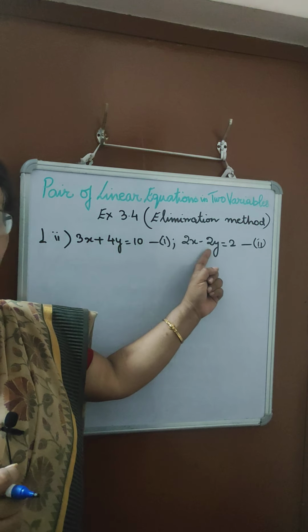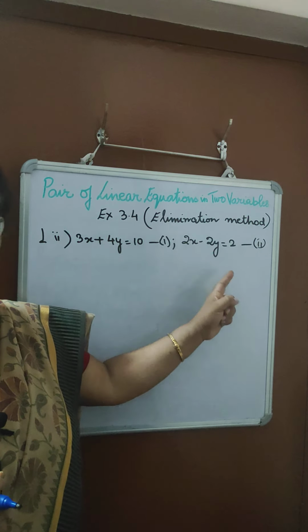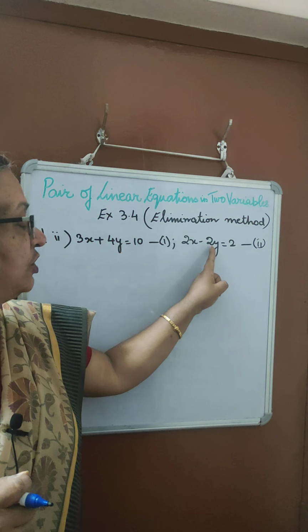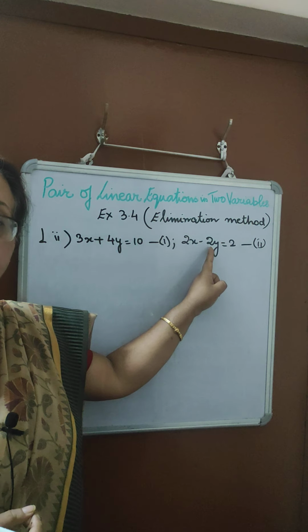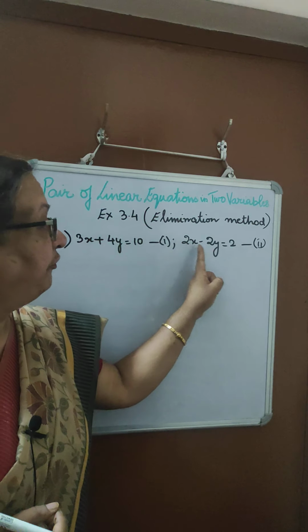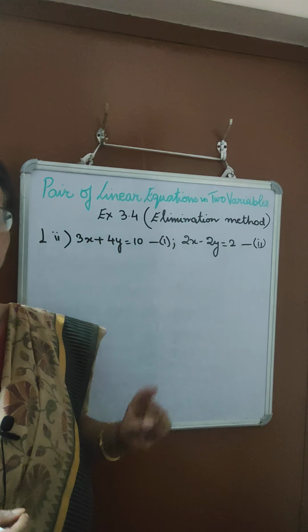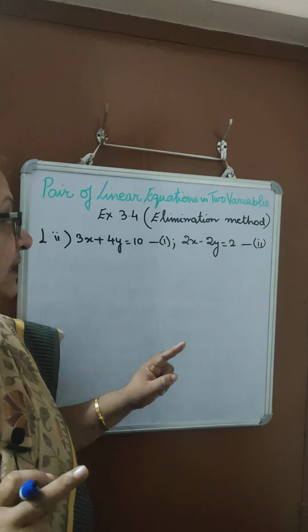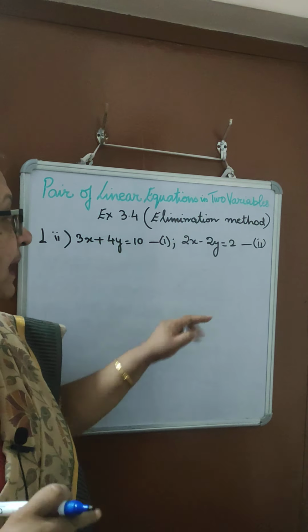How can we make this 4y? If I multiply this 2 by 2, I get 4. So to multiply this by 2, I cannot multiply this alone. I have to multiply the full equation by 2. So my first step will be: multiply equation 2 by 2.